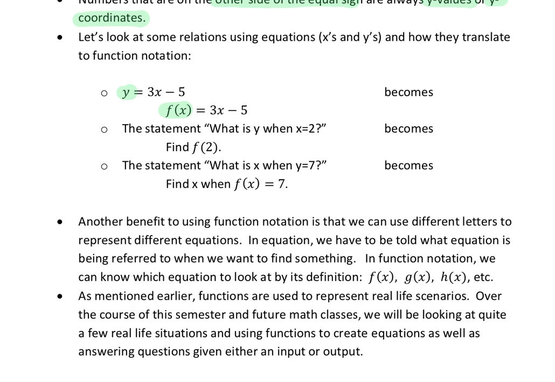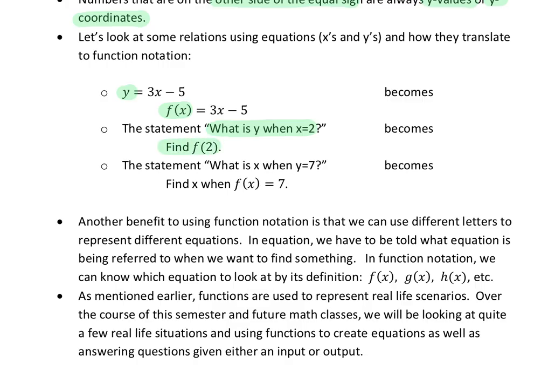Now, when we talk about equations, historically we've been asked two different questions. The first one was, okay, if I give you an x value and I want you to find a y value. So for instance, if I say, what is y when x equals 2? So what we do is we replace x with 2 in our equation and we find y. In function notation, we can replace this statement with find f of 2.